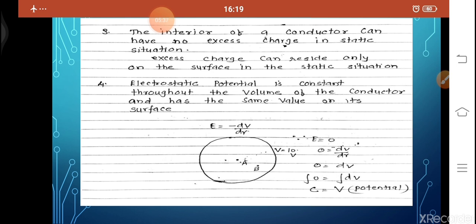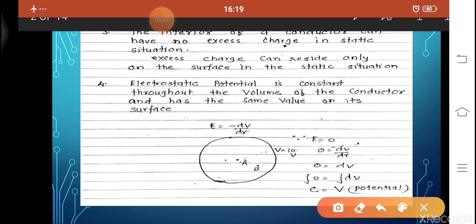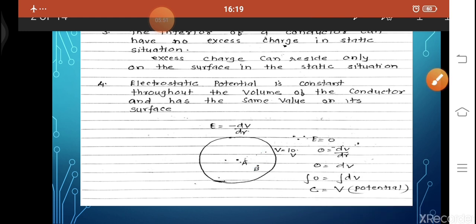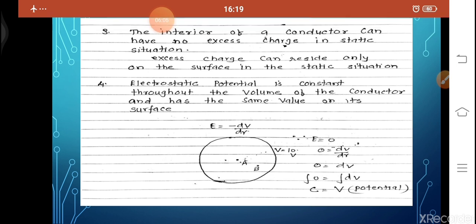Now inside the conductor there will be no charge. So since we don't have any charge inside the conductor, what will be the potential? There will be nothing which will oppose, so there will be no work from inside the conductor, either to move up to point B or to move up to point A. We will not require any work, but we will require work till the surface.